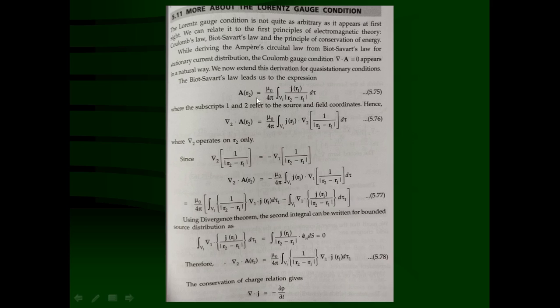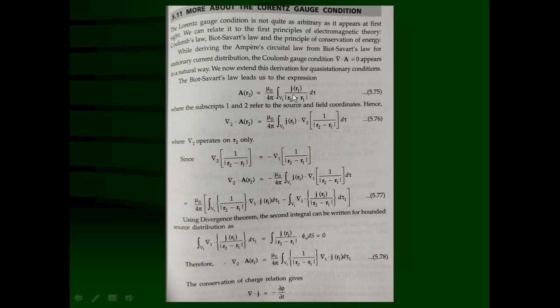Now on this Biot-Savart law, we are going to operate del 2, which is a differential operator. We are going to operate over the vector field, and hence del 2 dot A of R2, because we are interested in the divergence of vector A. Here the subscripts 1 and 2 refer to the source and field coordinates. Hence, del 2 dot A of R2 is equal to mu 0 upon 4 pi. Here we are operating del 2 on both sides.